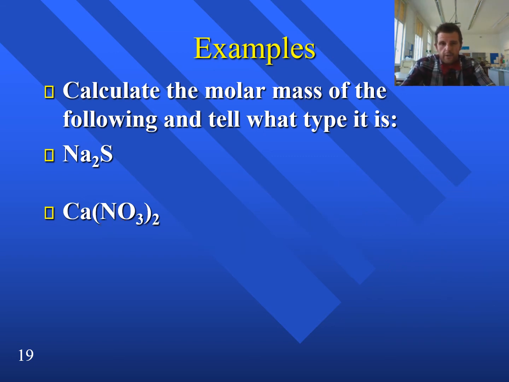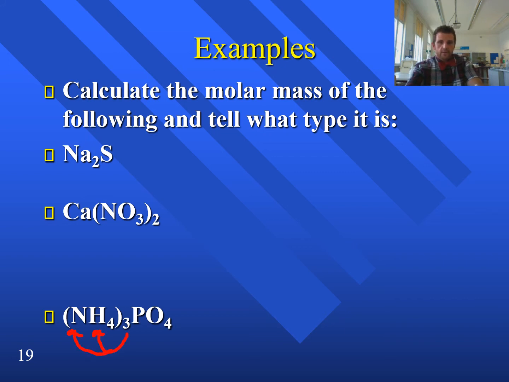I think I have one more on this slide. Yeah, alright, this is going to be more annoying, but remember this 3 distributes to everything inside the parentheses. So what I have here is 3 nitrogens, 12 hydrogens, 1 phosphorus, and 4 oxygens.